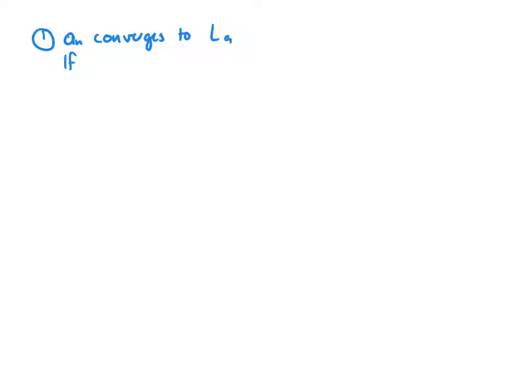If a sub n is non-negative, then the limit is also non-negative. All right, so let's do a little bit of scratch here, specifically for this part of the theorem. So I'm going to aim for a contradiction here. Right? I want to show that the limit has to be non-negative. What happens if it is negative?